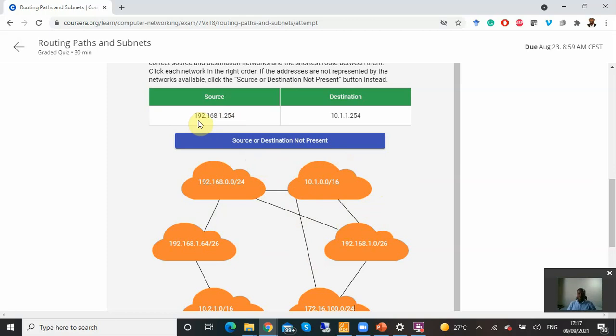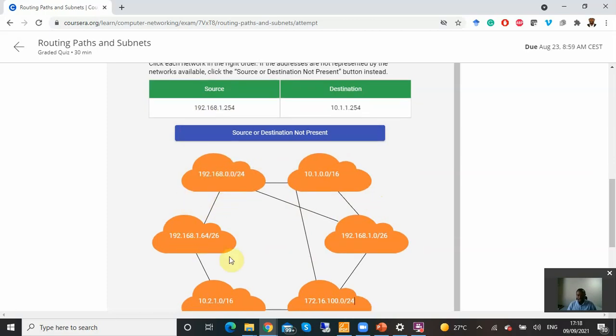So look at this. This is class C. We have to look for the corresponding network ID in this network space address. That is how we know where to start from, because it is coming from here, source, and it's going to destination.